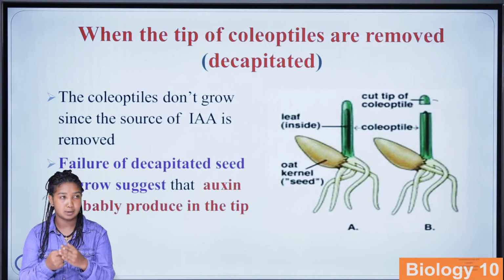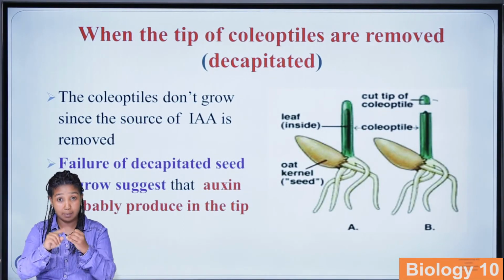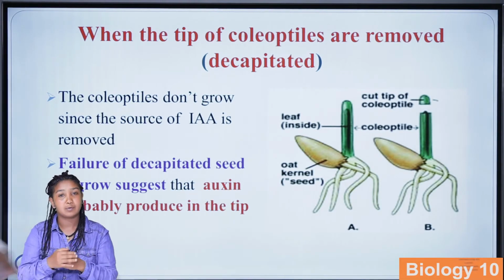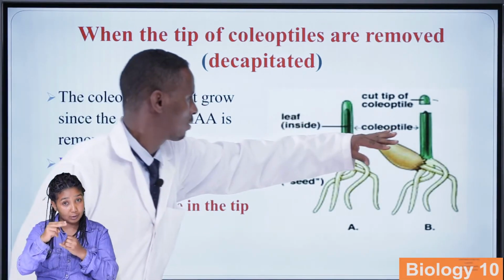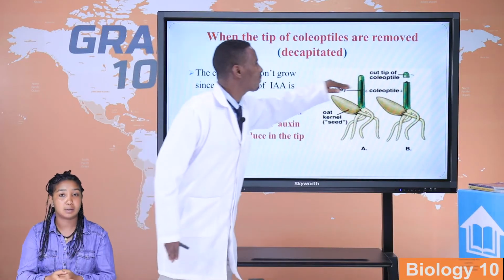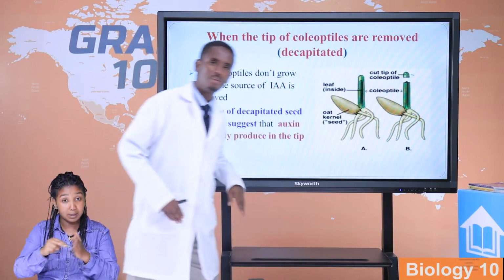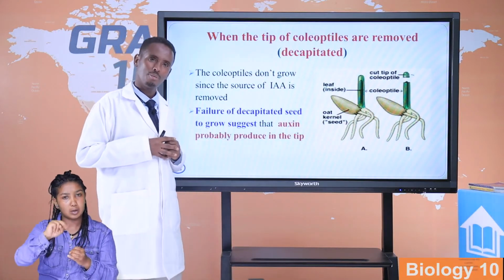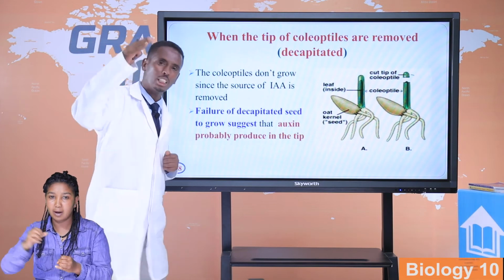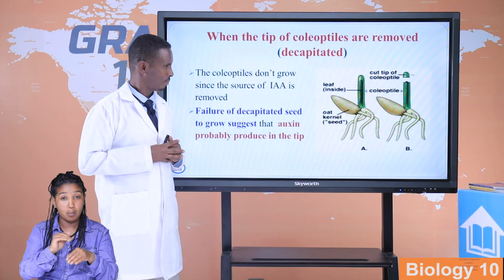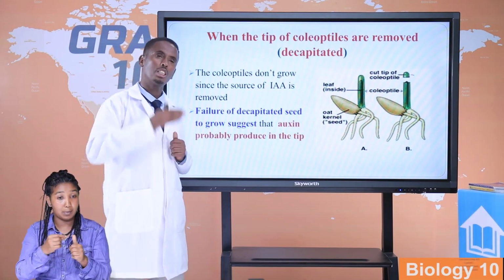Let's start. When the tip of the coleoptile is removed, decapitated, what happens? When the tip of the coleoptile is removed, what does it mean? We already know that on the tip of the plant is indole acetic acid. Auxin is found on the tip of the plant, which promotes elongation, primary growth.